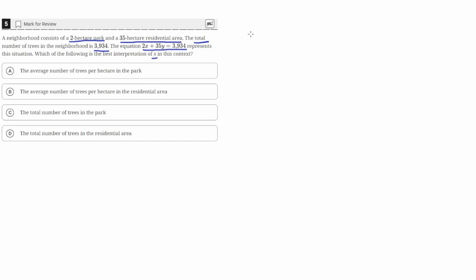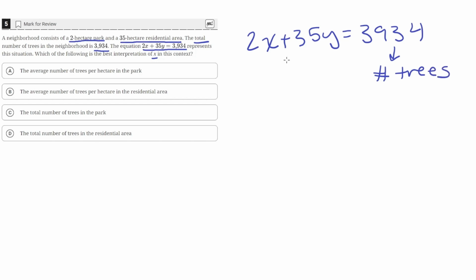So since this equation, 2x plus 35y equals 3,934, represents the situation, this quantity right here is the number of trees, which means that these two quantities added together should equal the total number of trees. And here we're given that there's a 2-hectare park and a 35-hectare residential area.